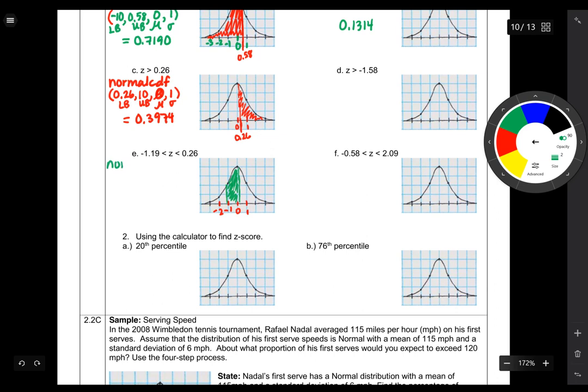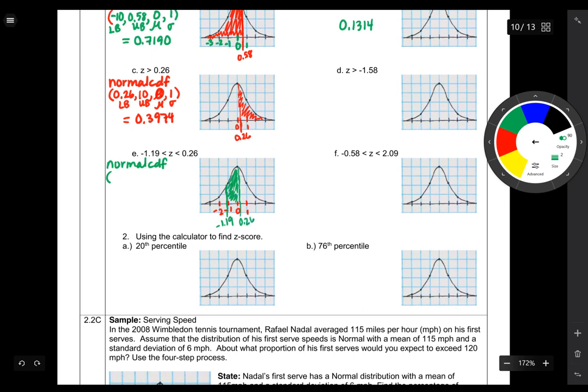So normal CDF. And you need to put that as normal CDF just because later on you'll use other functions as well. So this time, sorry, that was -1.19, and this was 0.26.